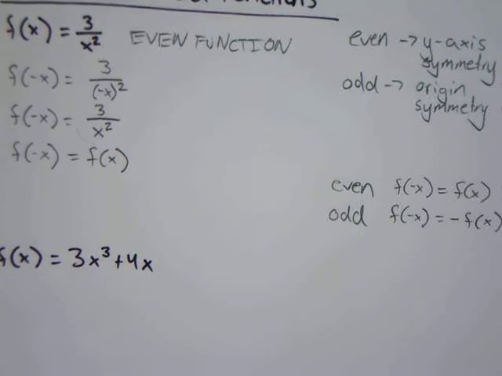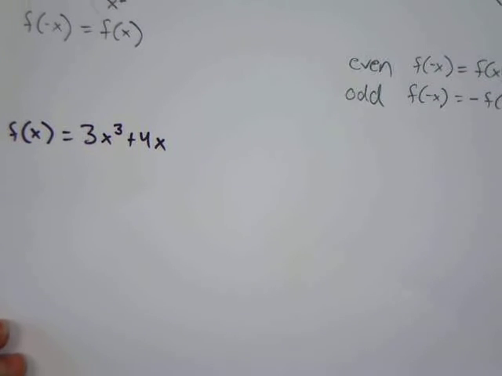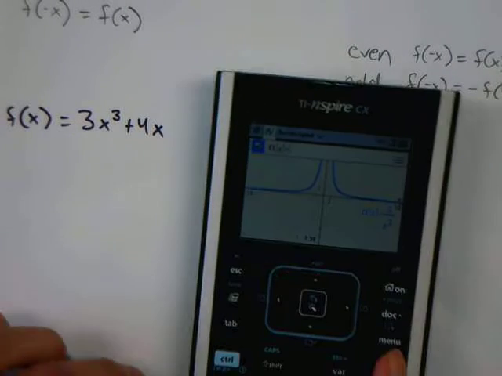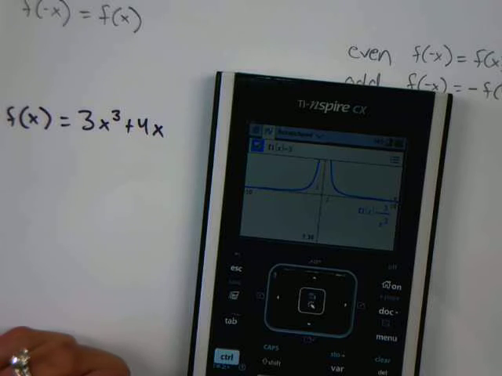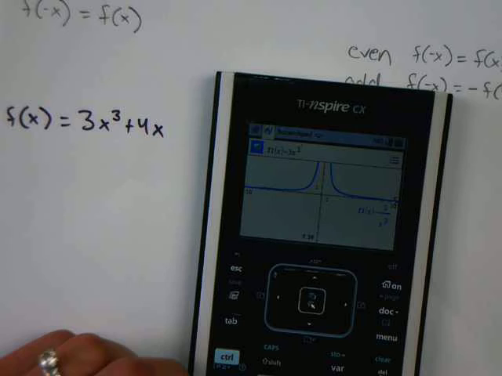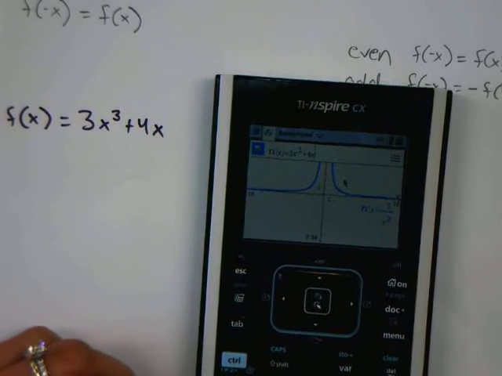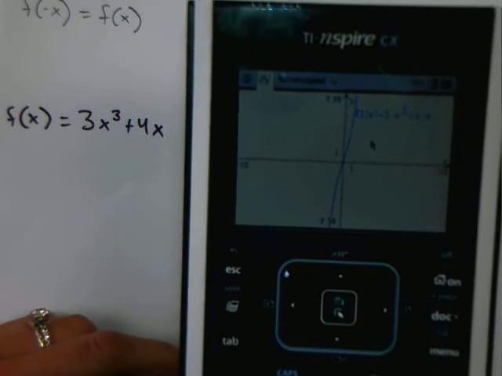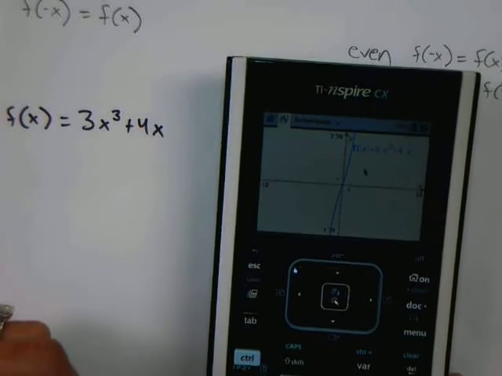Now let's take a look at what might happen with another type of function. So here's a second function, 3x cubed plus 4x. If I want to go ahead and again graph that on my calculator to give myself an idea, I've got 3x cubed plus 4x, and you can see that this is not having y-axis symmetry this time.